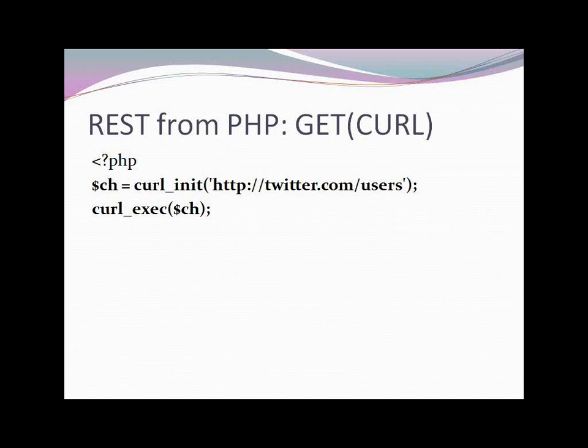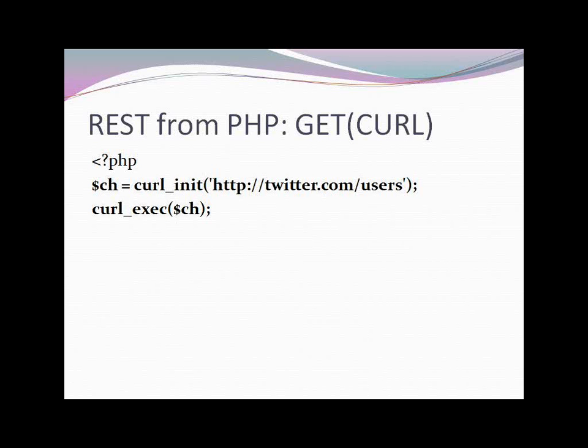Next, you can see I'm using the GET method of REST with cURL. So see curl_init and user from Twitter. Simply you can write that curl_init method and maybe a few more lines of code.